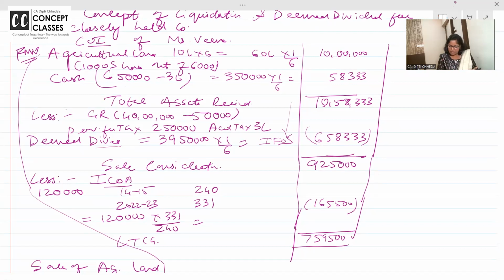So 4 lakh. Cost of acquisition is correct only.